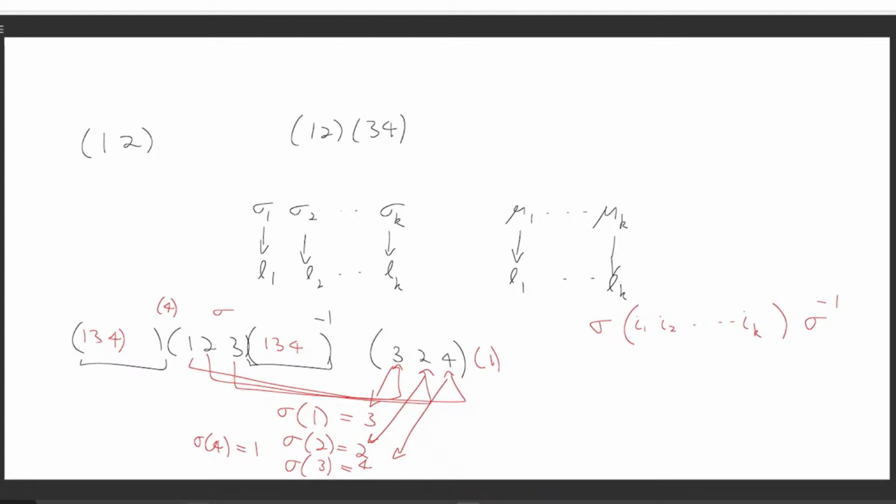So you get (sigma of i1, sigma of i2, ..., sigma of ik). That is how you conjugate; it is just mapping, which you can verify later. So the statement is not true. It is known that this holds if and only if they have the same cycle structure.